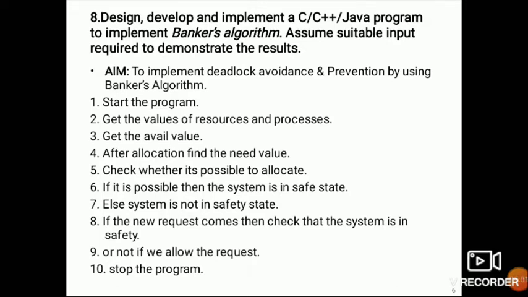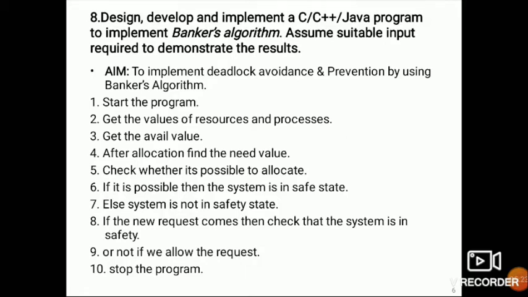Step 6, if it is possible, then the system is in a safe state, else the system is not in a safe state. Step 8, if a new request comes, check whether the system is safe, and if we allow the request, then it executes. Then stop the process.